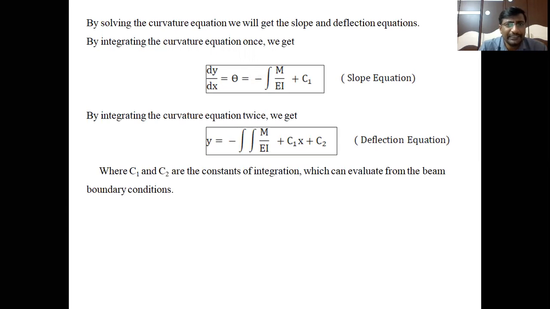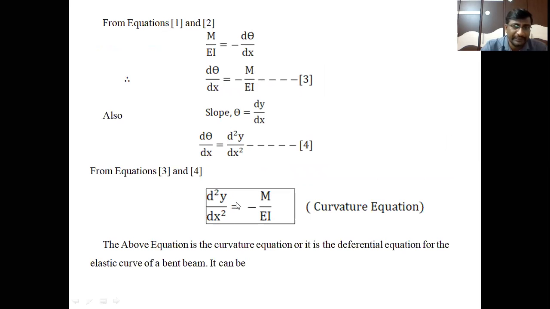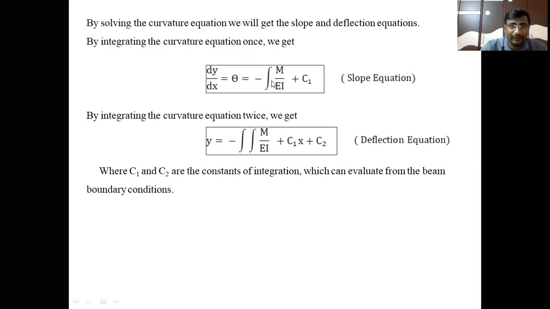So by integrating the curvature equation once, on both sides, by integration of d square y by dx square with respect to x, we get dy by dx after integration, which is equal to minus integration of M by EI.